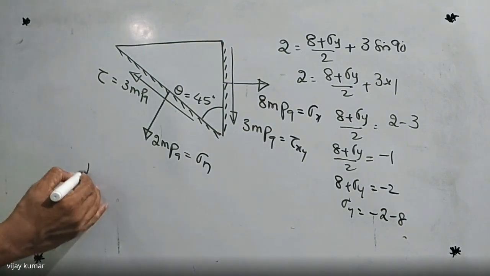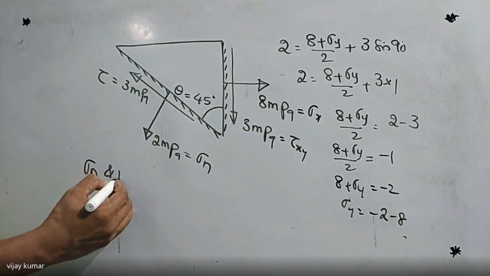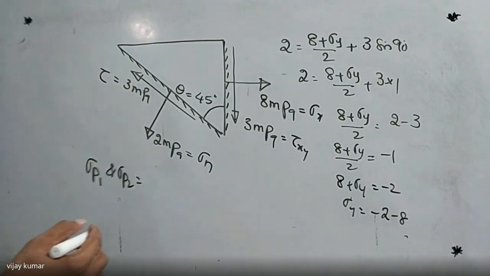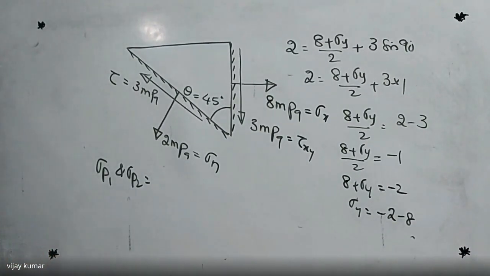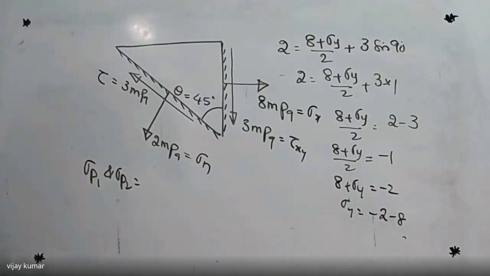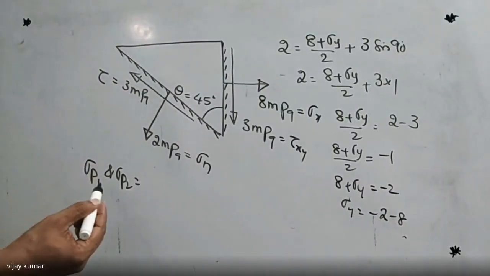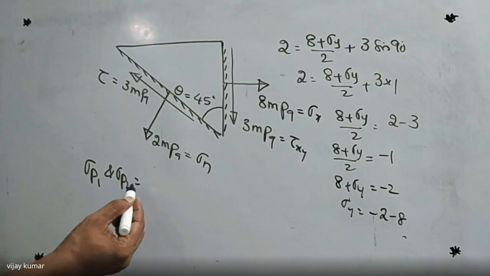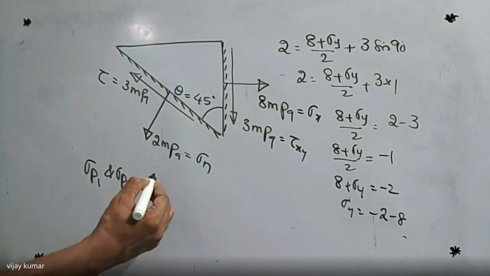What are the maximum and minimum principal stresses? Sigma P1 and sigma P2 is equal to, what is the formula?